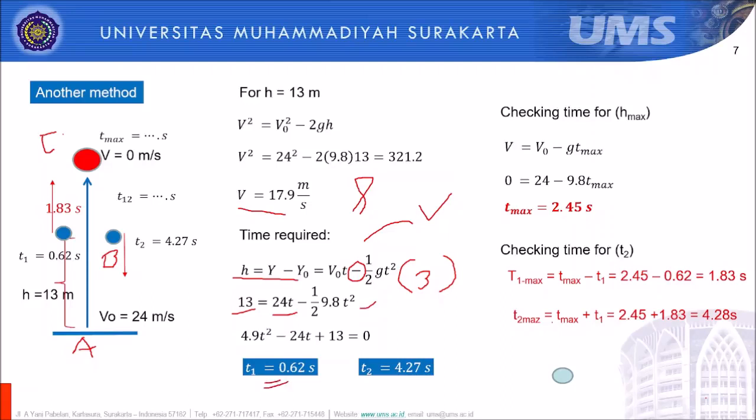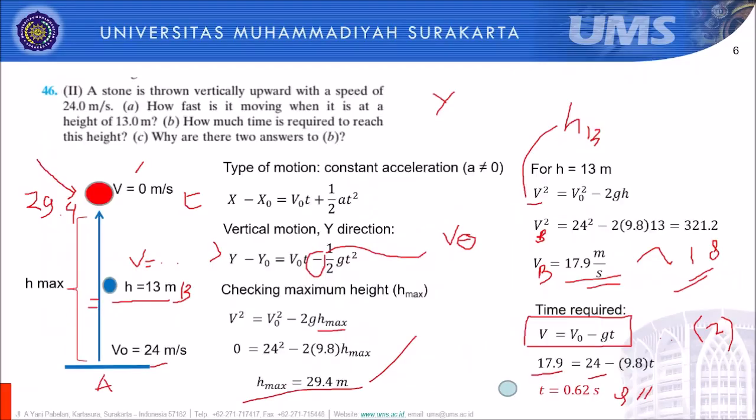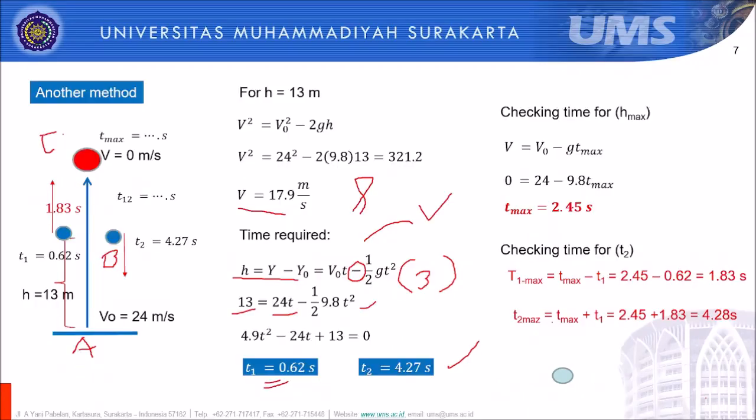The first value is 0.62 and the second one is 4.27. The first is exactly the same, even though we use a different equation. But the second value is different. The question is why?